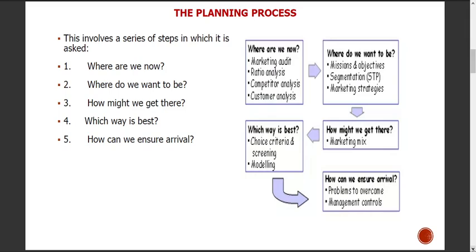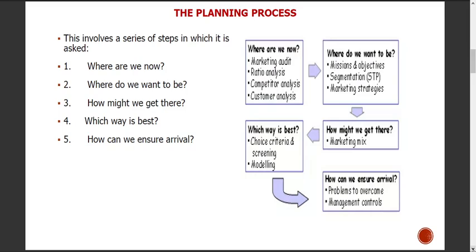It is in here that we look at the marketing mix, or the 4 P's, which is the product, the place, the promotion, and the price. What products are you going to deal in? At what price are you going to sell your product? Where are you going to sell your product? And what promotion measures are you going to use?